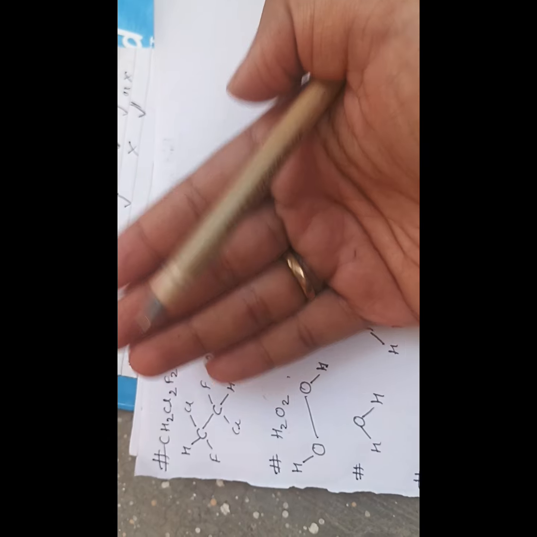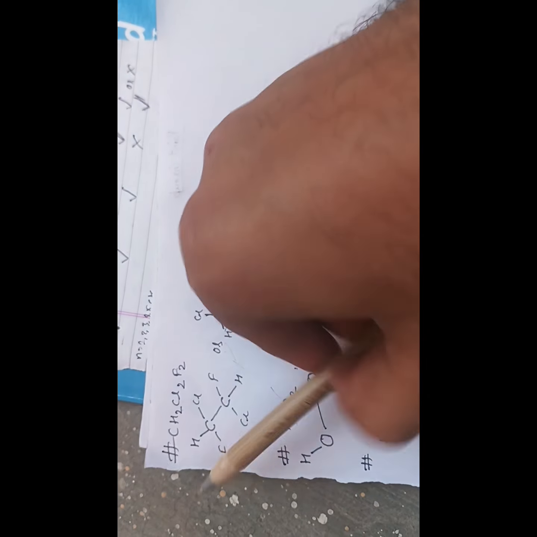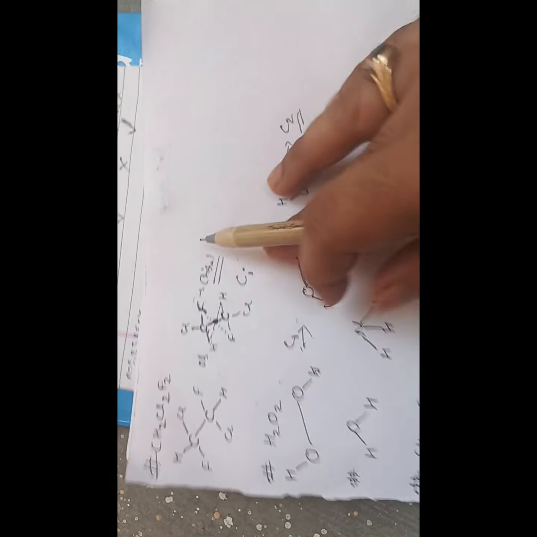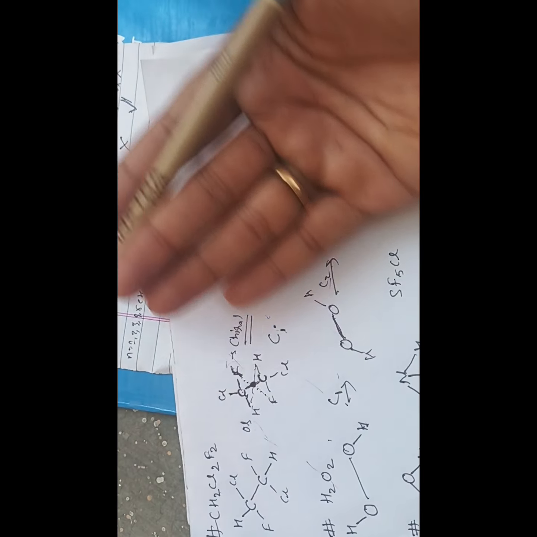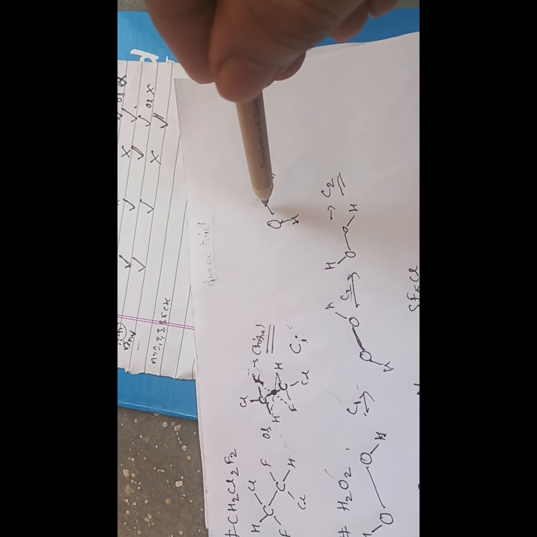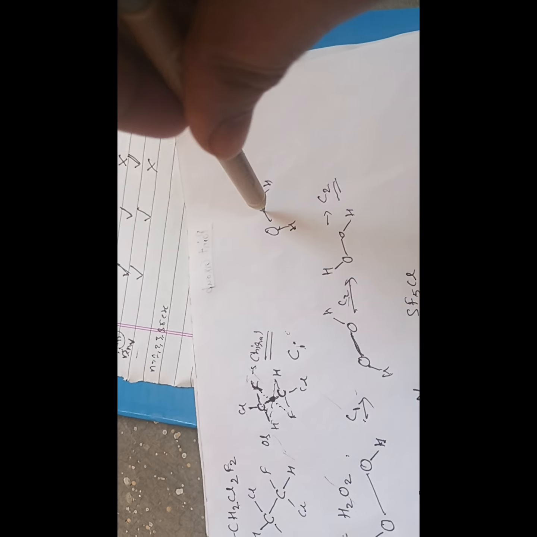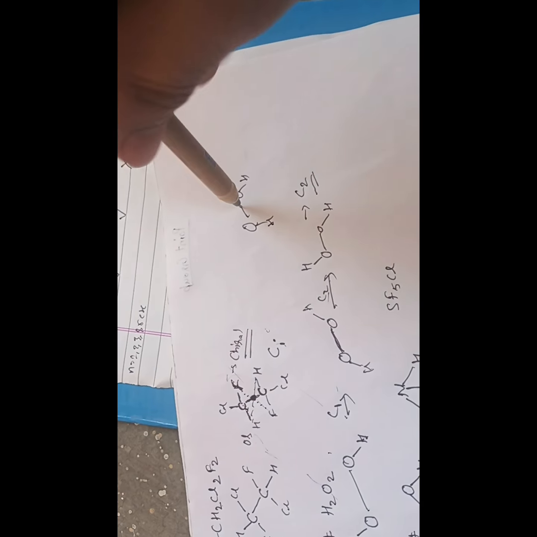If we cut like this, since there will be no plane of symmetry here. For example, I took here H and H, if this hydrogen is below the plane, then it will have a vertical plane of symmetry, because it will cut like this, and also we can make it like this, since there is a perpendicular axis of symmetry.